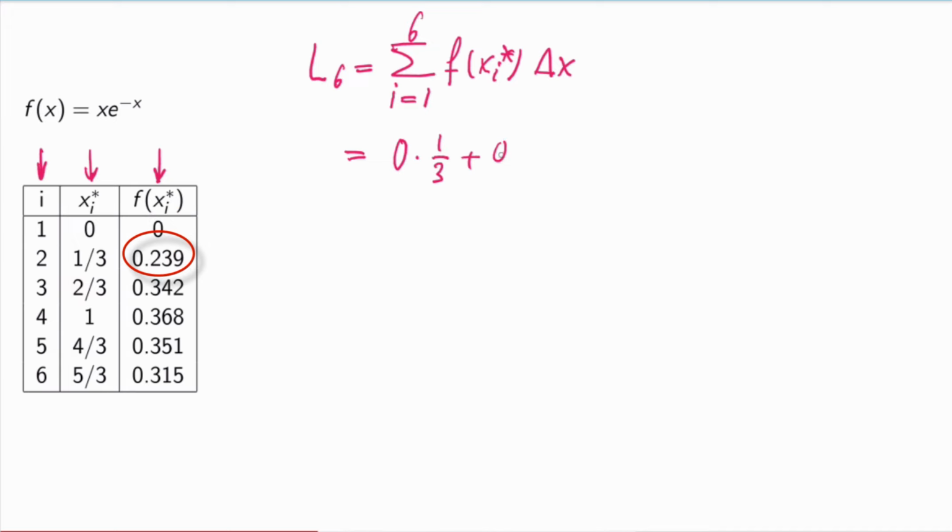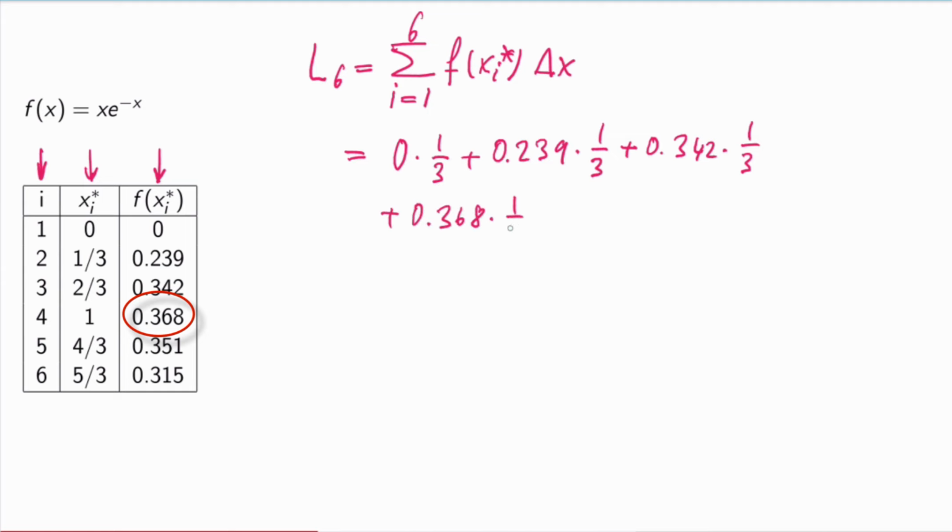And then plus 0.239 times 1/3, plus 0.342 times 1/3, plus 0.368 times 1/3, plus 0.351 times 1/3, and then plus 0.315 times 1/3.